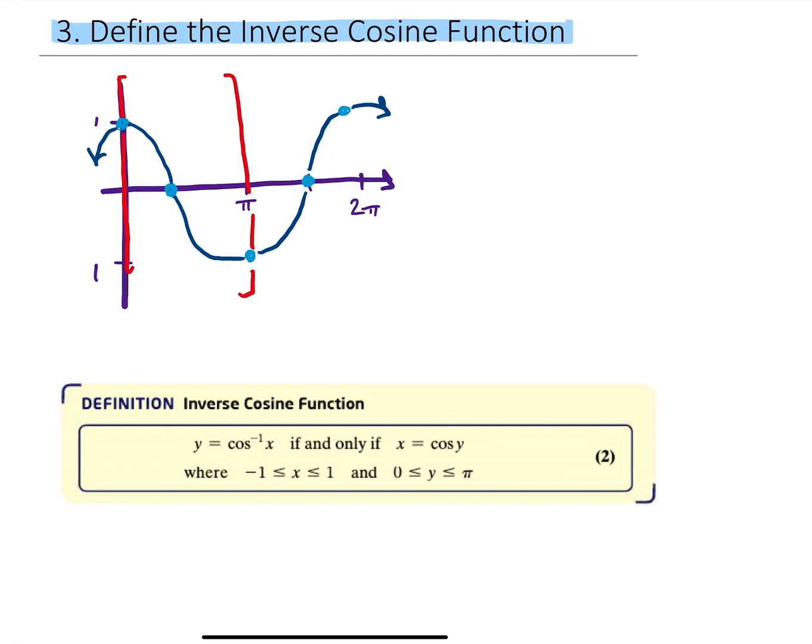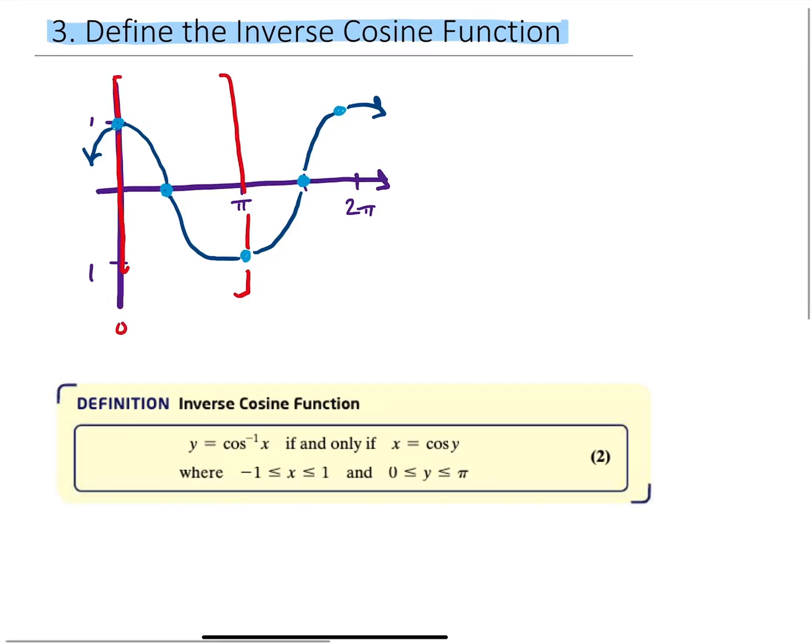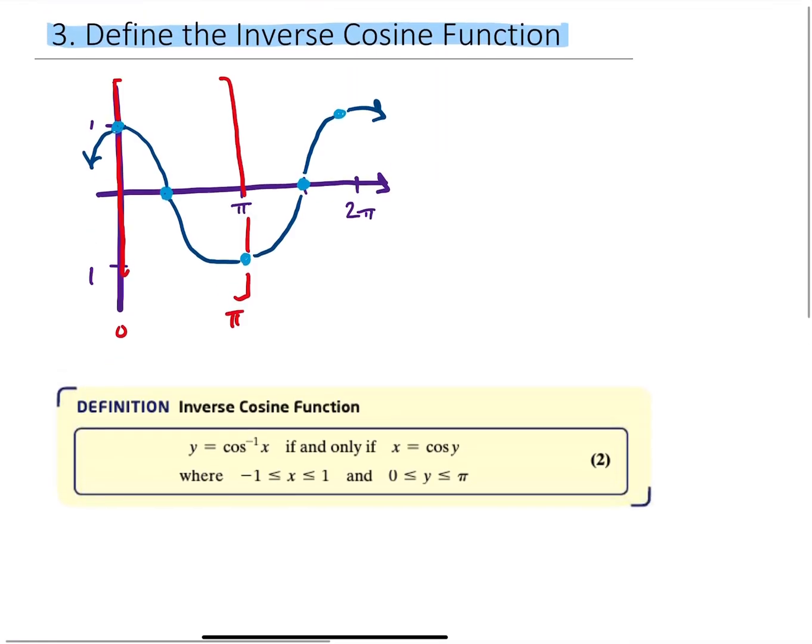If you look at it just in this interval, then it will pass the horizontal line test. This is from 0 to pi. So that will be our restricted domain of the cosine function, and thus that will produce our restricted range of the inverse cosine. I think I just said sine, I meant to say cosine there. So let's do a similar thing.